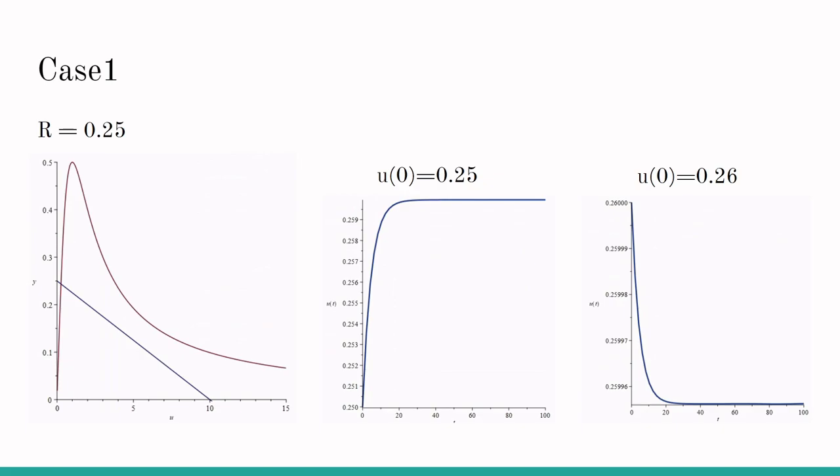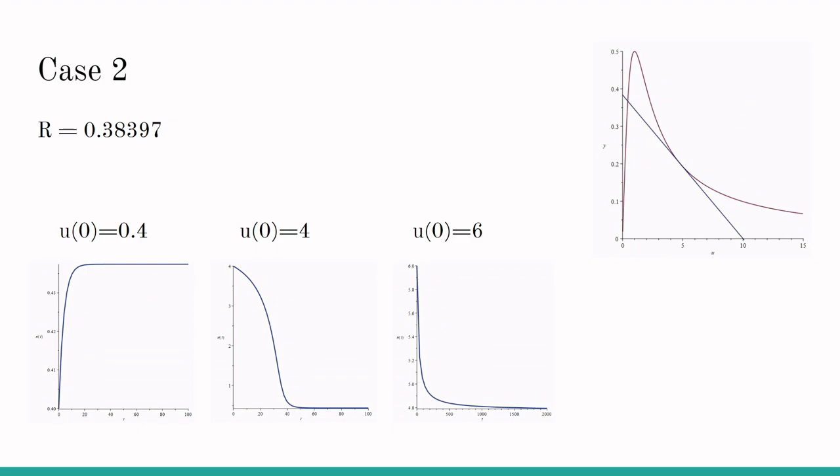If we start with 0.25, you can see the population over time slowly increases to about 0.26 and levels off and just stays there. If we start with 0.26 worms in our forest, the worms have to die off because they're above the carrying capacity, and they drop down to about 0.2599, and they stay there.